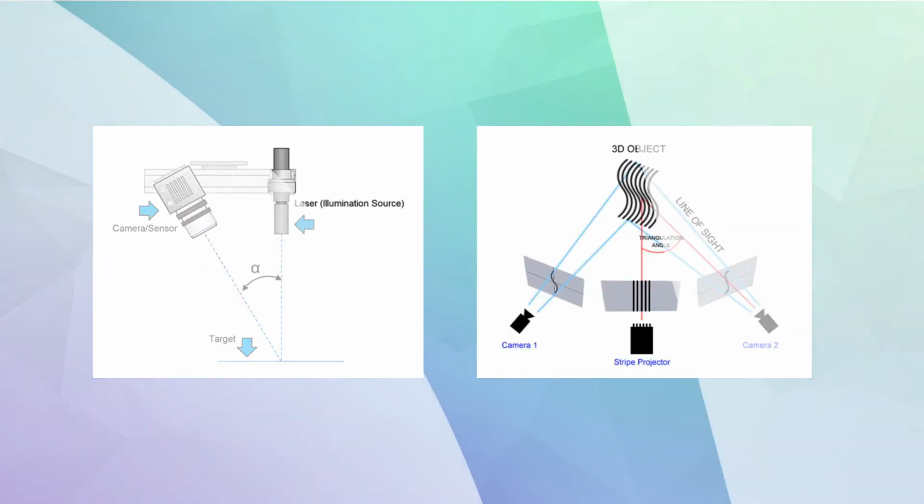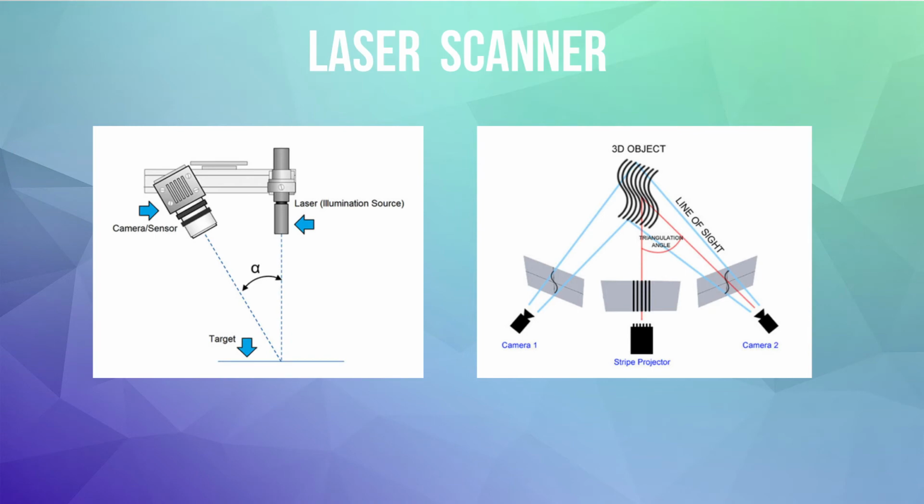Laser scanner and structuralized scanner are basically the same. They use the triangulation method to calibrate the position of the object. The only difference is that the laser scanner uses a laser emitter as a light source, not a projector.